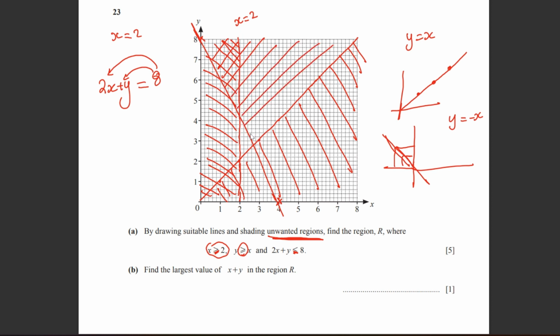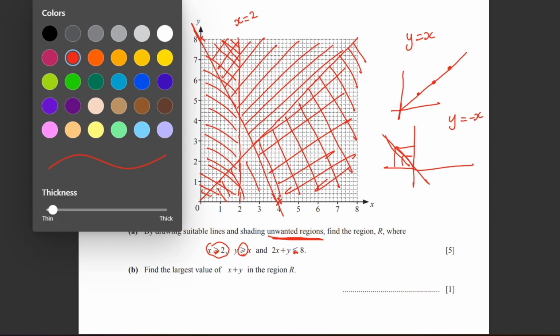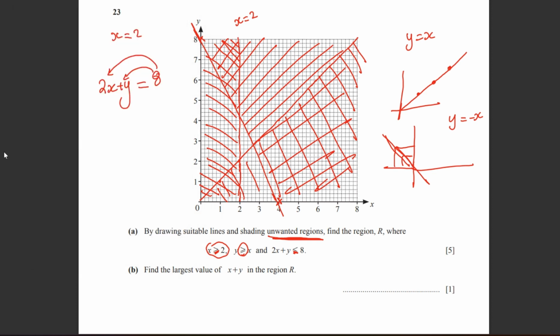Okay, now this is the region. Find the largest value of x plus y. As we can see here, we are going first through the vertices.